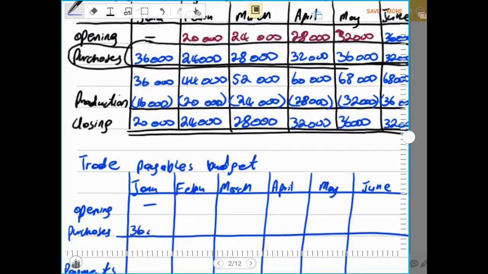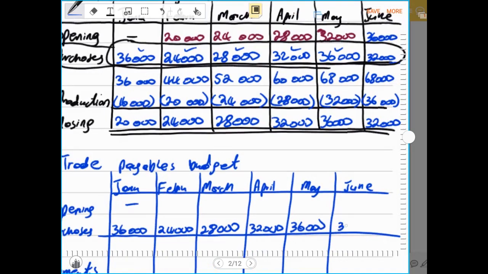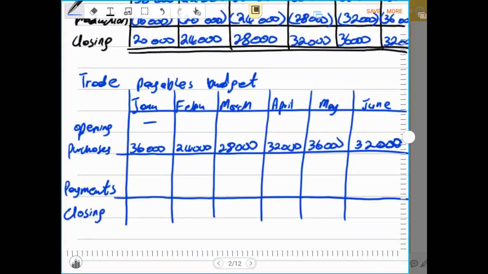Therefore now we'll have 36,000, exactly as they are. All these purchases, we record them as they are. And this will be 24,000, and this will be 28,000, and this will be 32,000, and this will be 36,000, and the next one will be 32,000. These are the purchases that took place in the respective months.